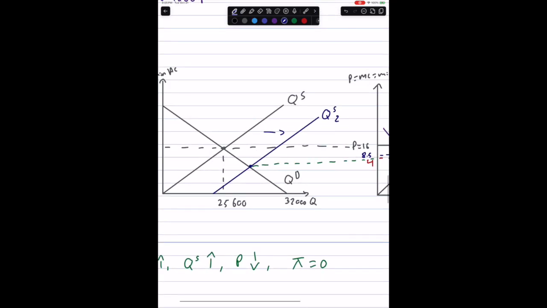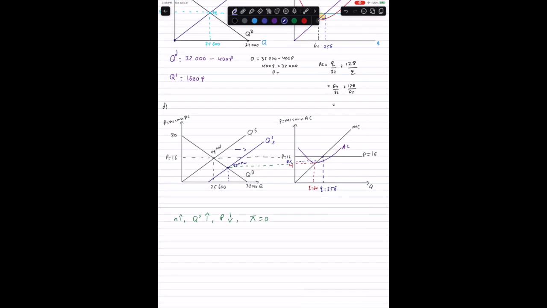This is our equilibrium new. This is our equilibrium old. And then quantity demanded at this point is going to be equal to 32,000 minus 400 times 4, which is equal to 30,200. And this is our new graph, right?